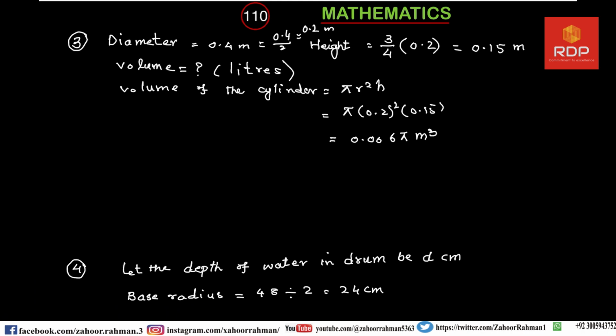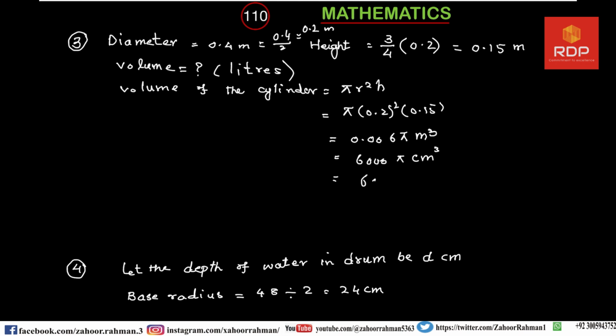And now we have to write this as 6000 pi centimeter cube. So 1000 centimeter cube is equal to 1 liter.